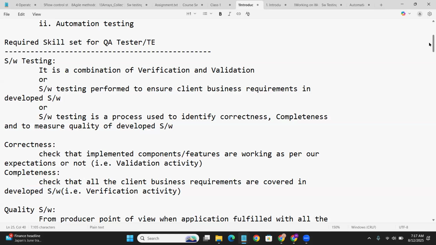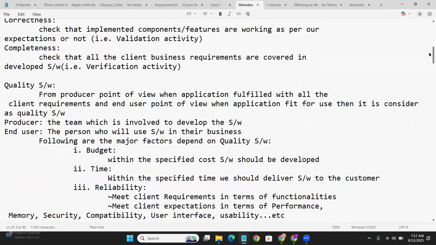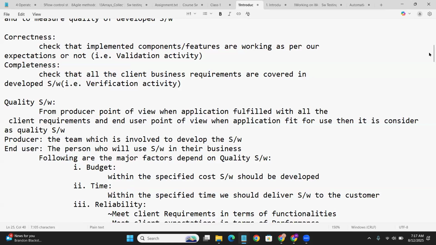From these two perspectives, we can say this: from the producer's point of view, when the application fulfills all the client requirements, and from the end user's point of view, when the application is fit for use, then it is considered quality software.